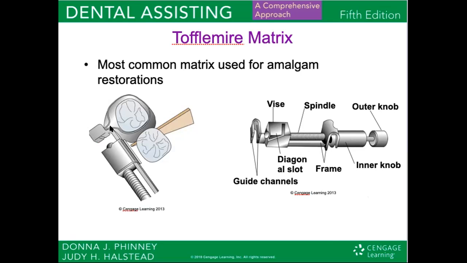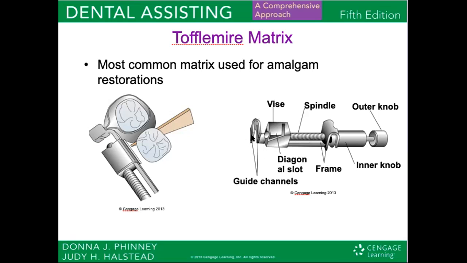And when it does that, it makes this Tofflemire matrix smaller. This frame here is just what everything is connected to. There's a spindle here, which is basically just a screw that controls the vise. This vise has a diagonal slot where the ring will be placed into the vise.